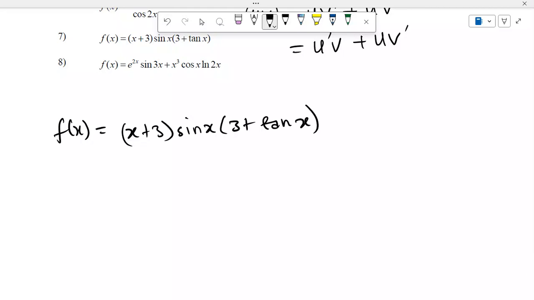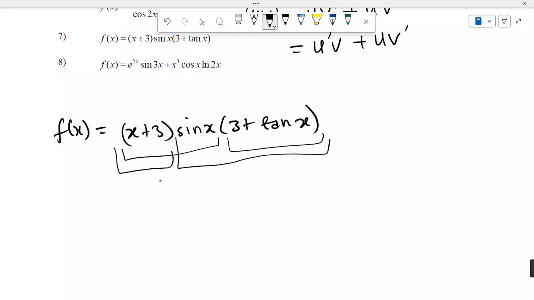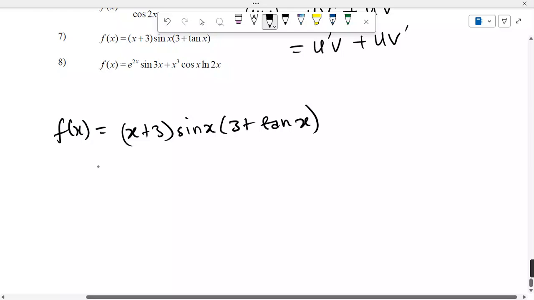Here, the easy way is you can pick. How many functions do we have here? We can consider this as one function, this as one function, or this as one function, and then this also as one function. It's up to you, so you choose which one is easier. Which one do you think is easier?